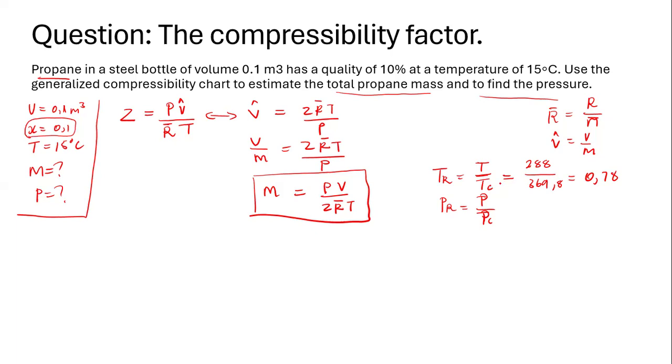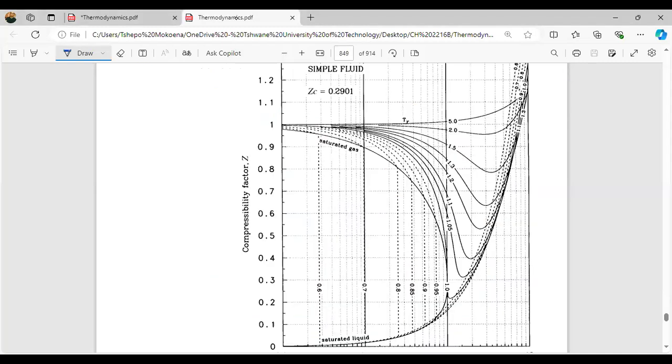So I'm going to use my reduced temperature to get my reduced pressure. How am I going to do this? I'm going to use the compressibility chart. So now here is my compressibility chart.